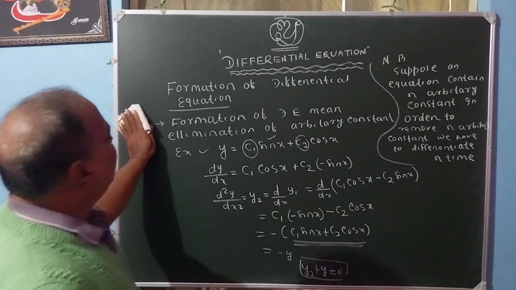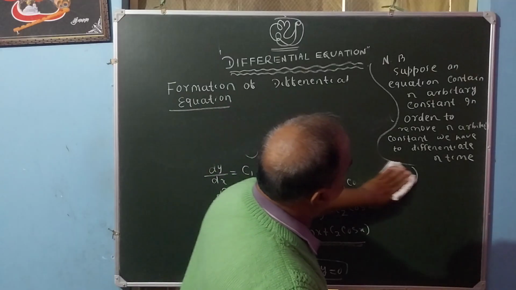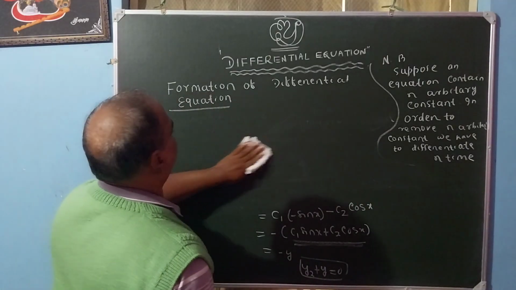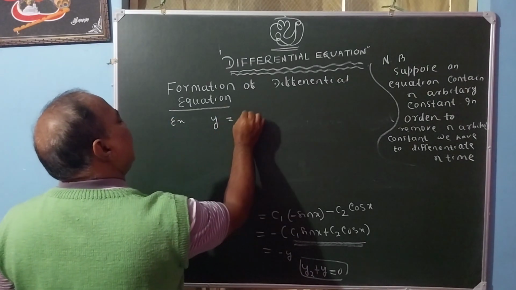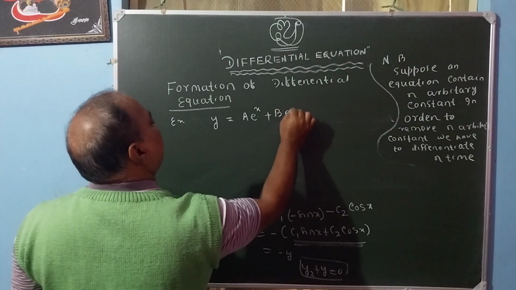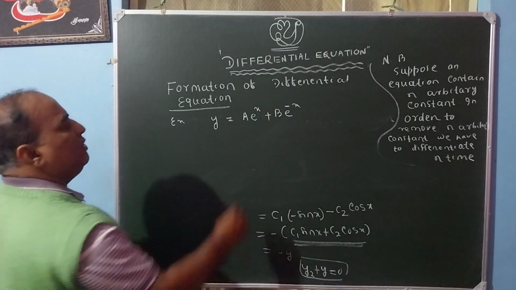Okay, so write down another example. Example: y is equal to a e to the power x plus b e to the power minus x. Form the differential equation.